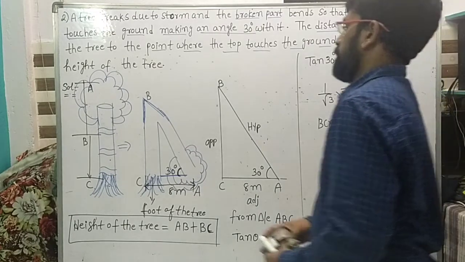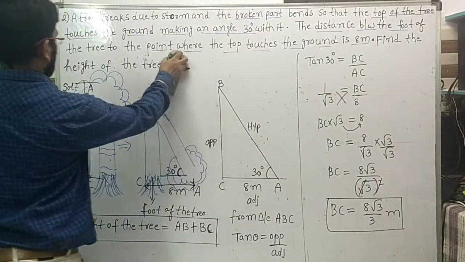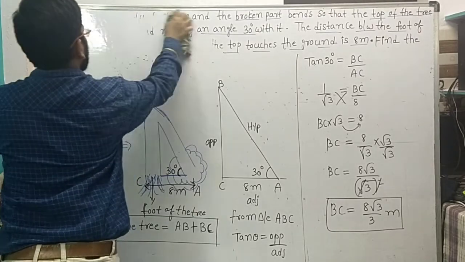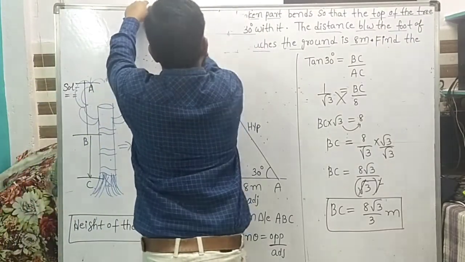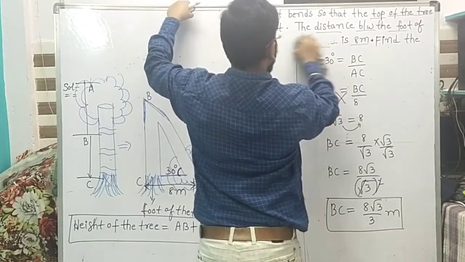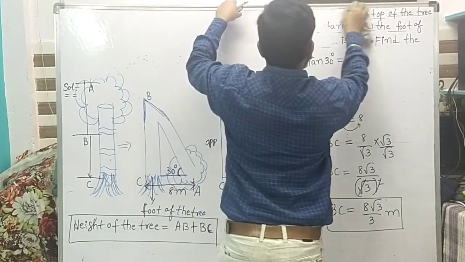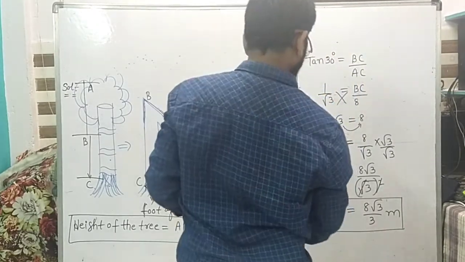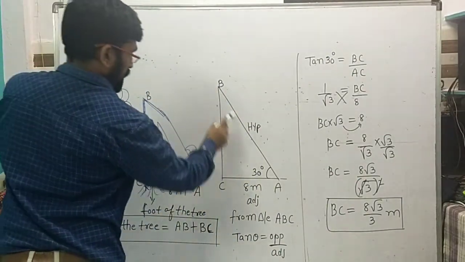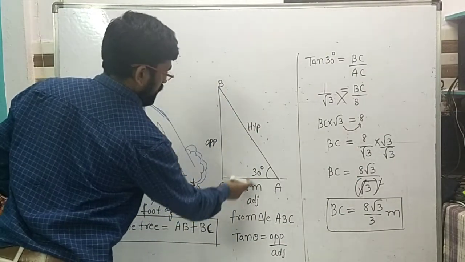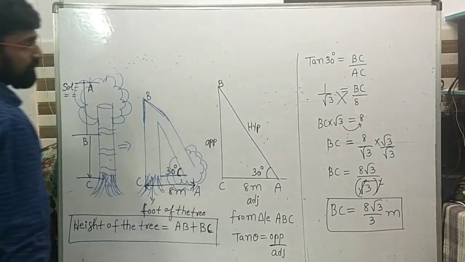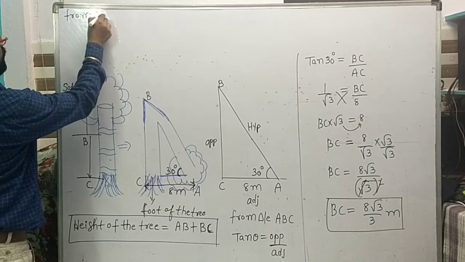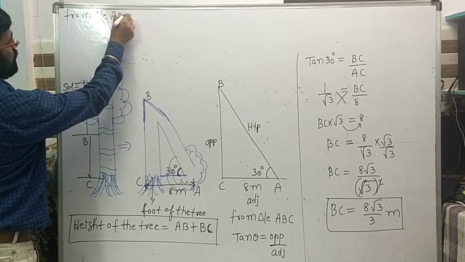Next we need to find AB. Adjacent is given and hypotenuse. In this one it comes cos theta from triangle ABC.